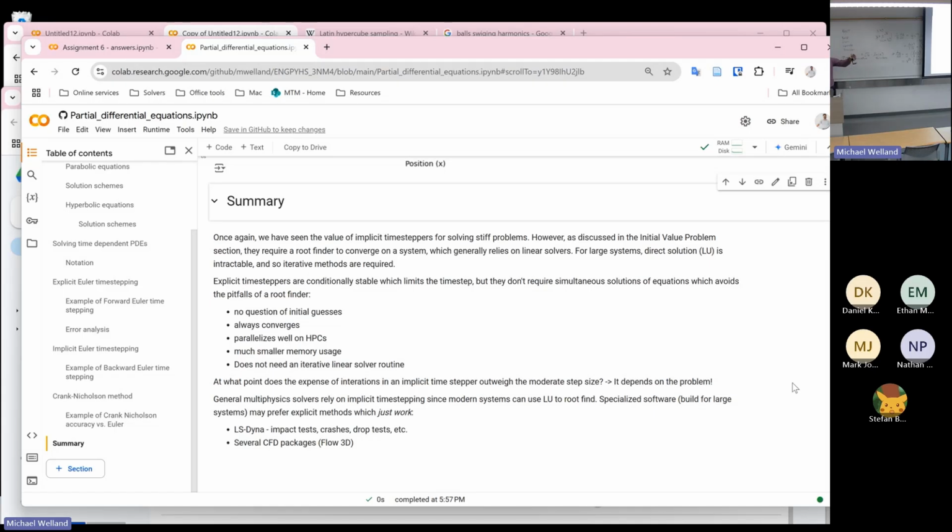What does LU scale like? If I discretize my space into 100 elements, N is equal to 100, how long would a dense LU take, roughly? No, N cubed. You got it.